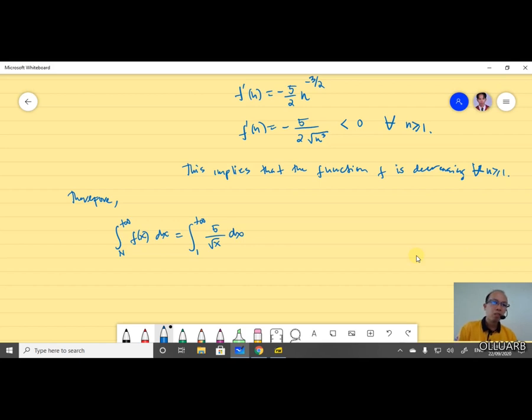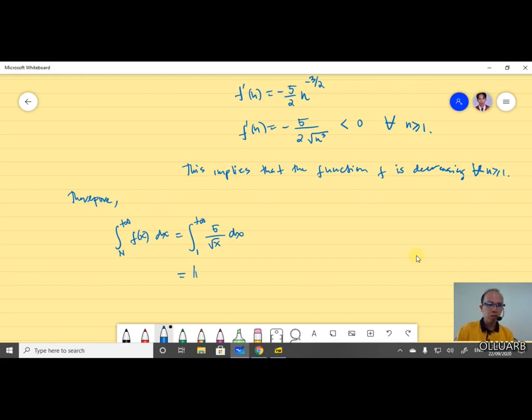Why? Because since we use the variable x, we replace our definition to be in terms of x. So notice, if you recall your calculus 2, we talk about this in the topic of improper integrals.